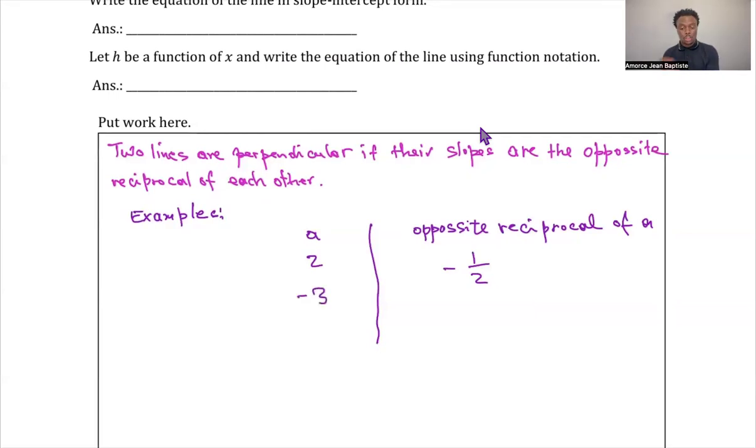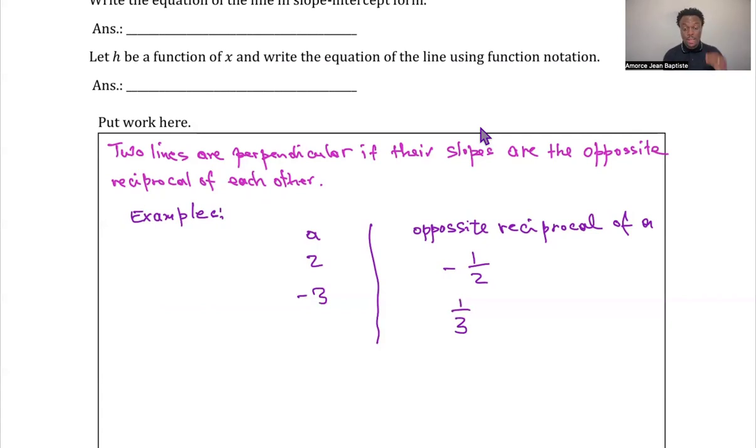What would be the slope of the perpendicular line, which means what is the opposite reciprocal of -3? You change the sign and you flip that fraction. So there's a 1 here. So that's going to be 1/3. This time, the sign is positive because the actual number was already negative, and you need to change the sign to get the opposite reciprocal.